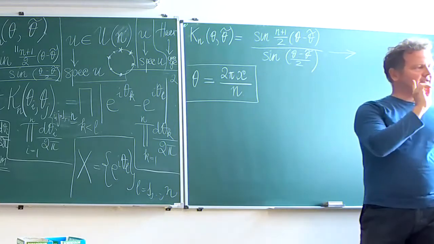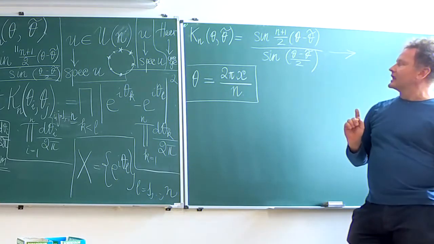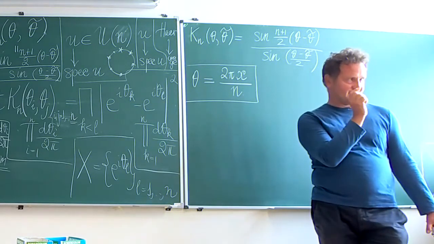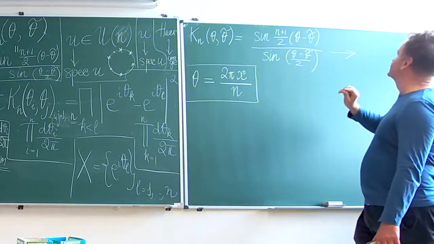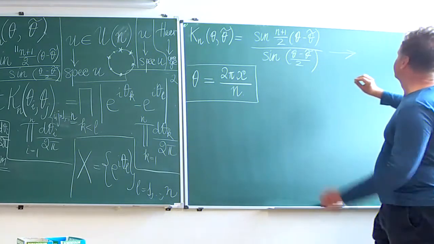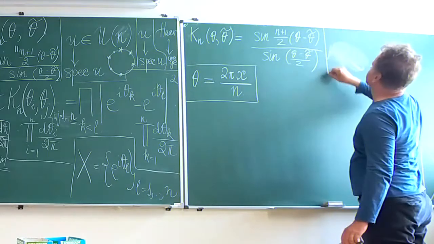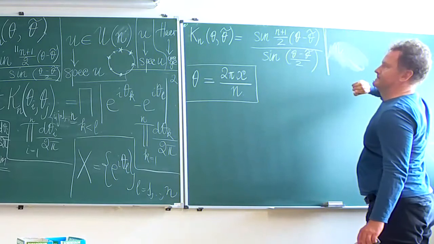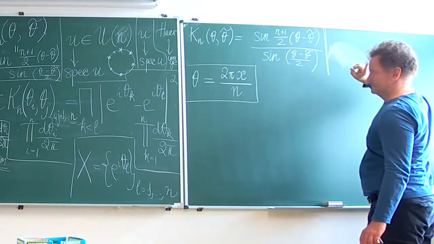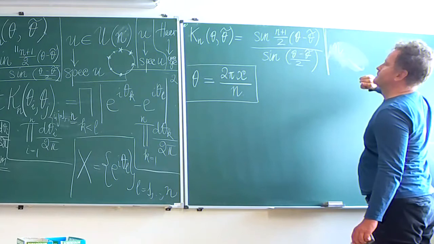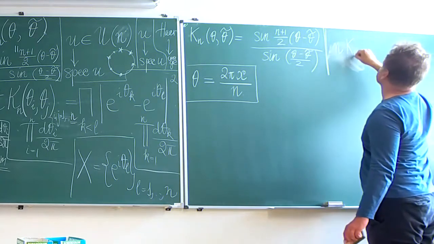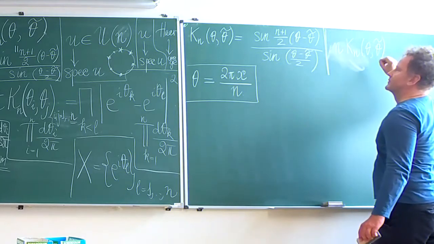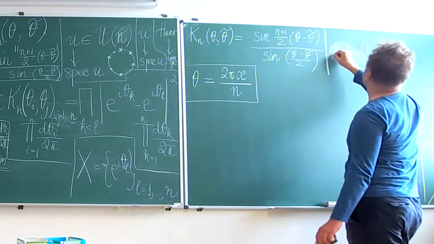Please observe, there is one little nuance. Of course, there is also a change in the base measure. So I get n times K_n at n over 2 pi.